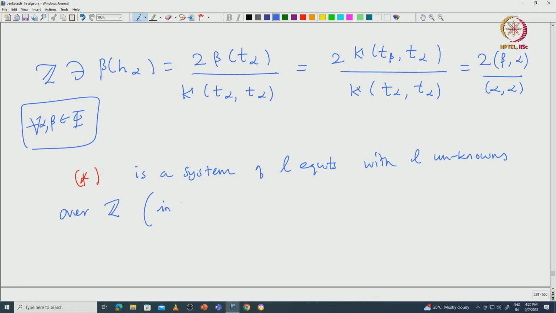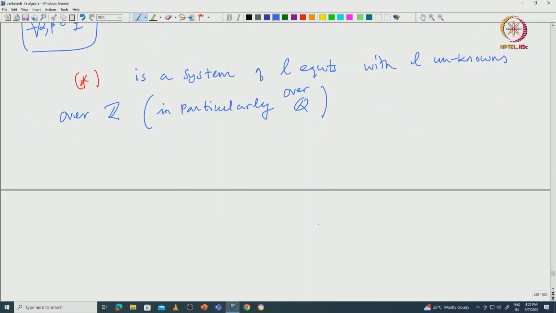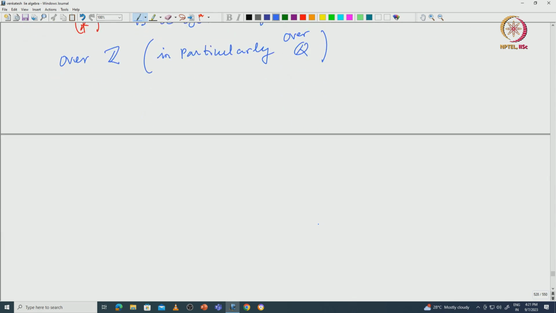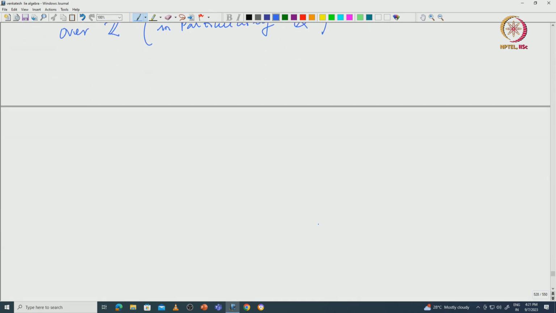Again it is happening over integers. In particular, to solve a system of equations one has to go to the field. The smallest field that contains Z is Q. So, this is happening over Q. Now, note that alpha_1 etcetera alpha_L is the basis of H star.